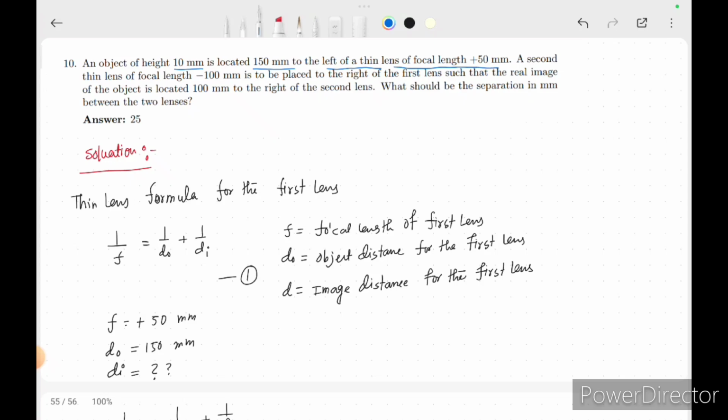A second thin lens of focal length minus 100 millimeter is to be placed to the right of the first lens, such that the real image of the object is located 100 millimeter to the right of the second lens. What should be the separation in millimeter between the two lenses?